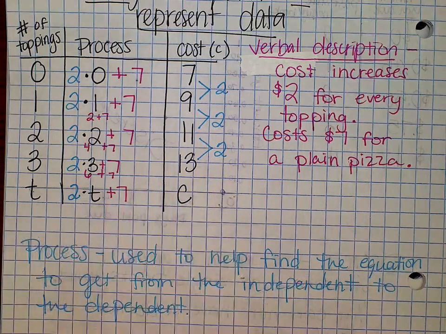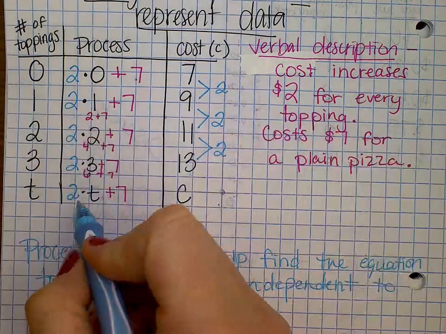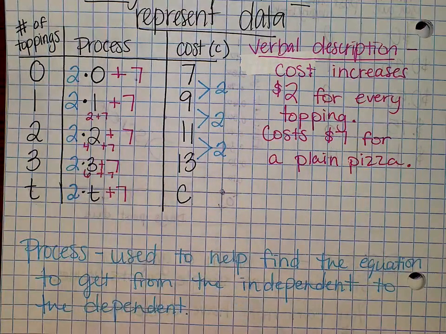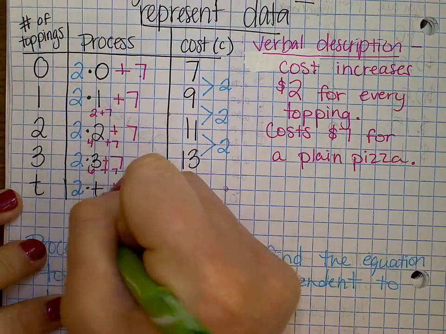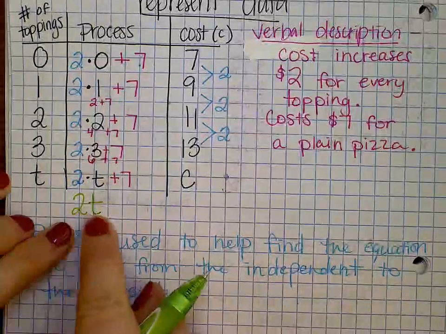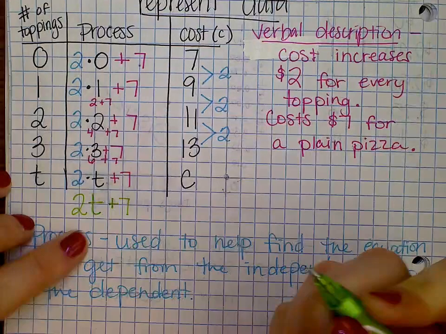Something to think about or remember, 2 times t, we don't have to write 2 times t. We could just write it as 2t, because when you have a number and a variable right next to each other like that, it means multiplication. So 2t plus 7.